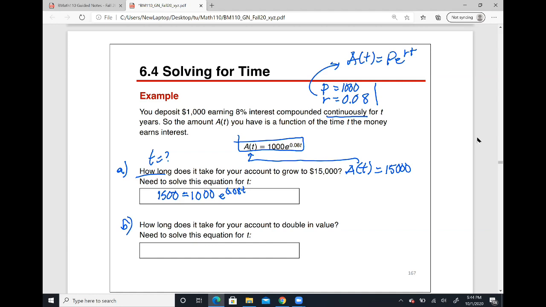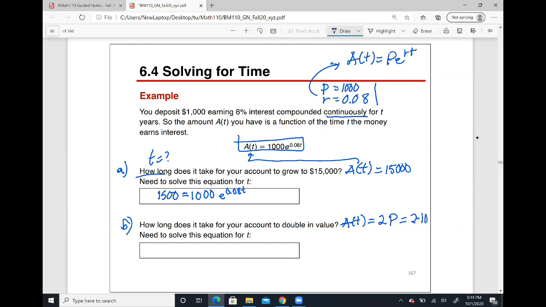And then another question, I'm going to say this is A and here's B, right? Another problem says how long does it take for your account to double in value? Double in value means the future amount will be double the initial amount, which means 2 times P, which means 2 times 1,000, and that's equal to 2,000, right?